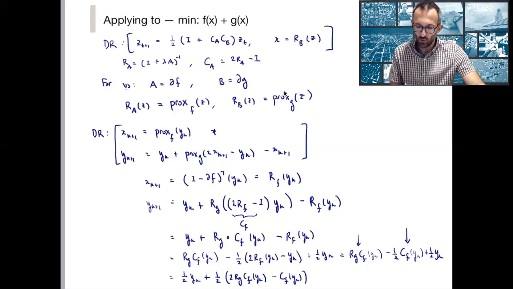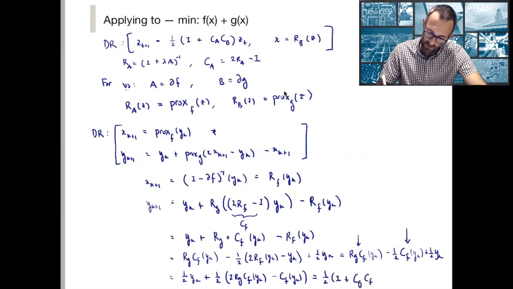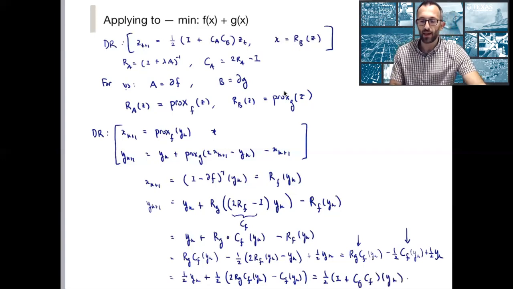I have 2 RG minus the identity evaluated at CF of yk, which is exactly CG composed with CF. So this is equal to 1/2 times the identity plus CG composed with CF evaluated at yk.